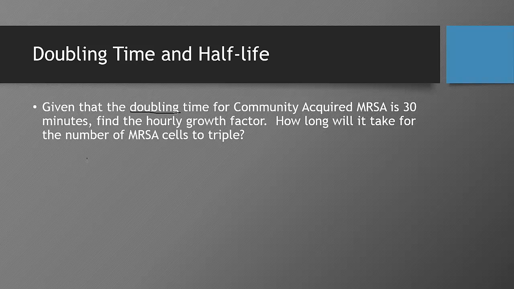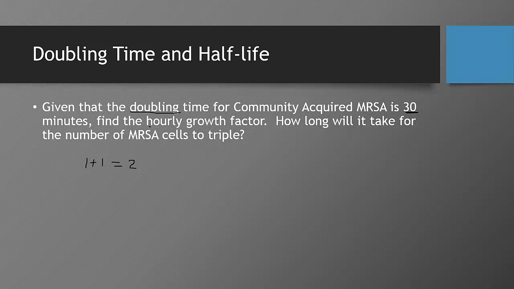It starts out at 1, because everything starts at 1, and then if it doubles, it has 100% growth. So that means we would be at 2. But that 2 is not hourly. That 2 happens in 30 minutes. Okay? So it doubles. It goes from 1 to 2 in 30 minutes.